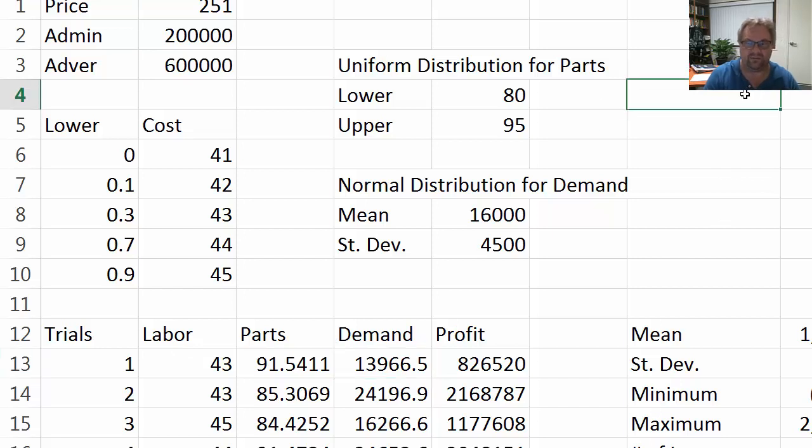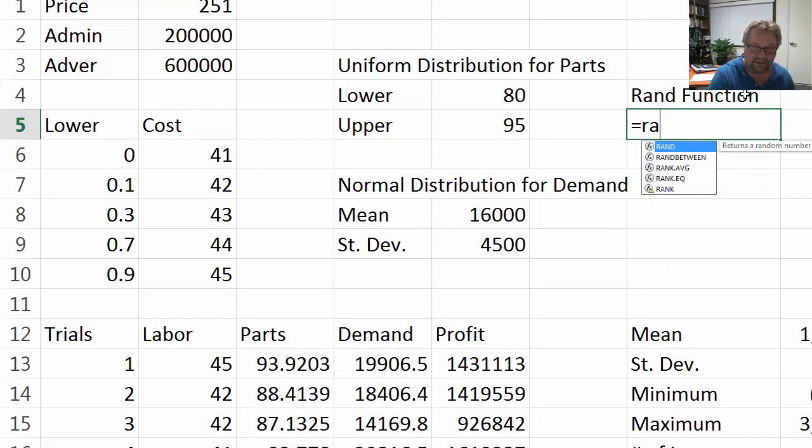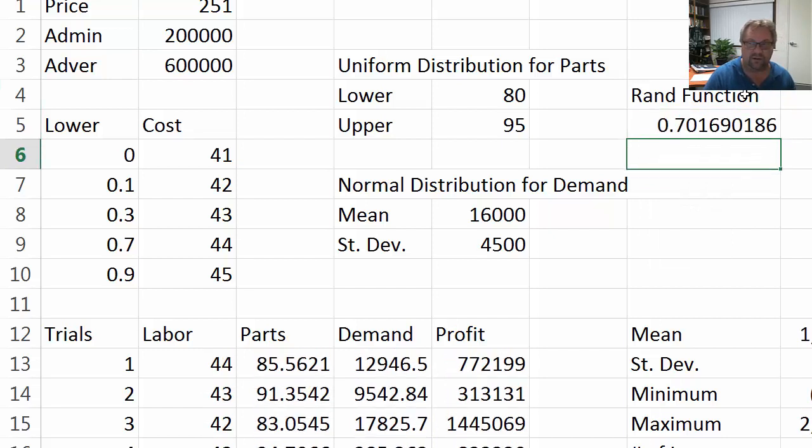You never ever want to have a single RAND function, say. You never ever want to do something like this, RAND, right? And then link labor to this, and then link parts to this, and then link demand to this.